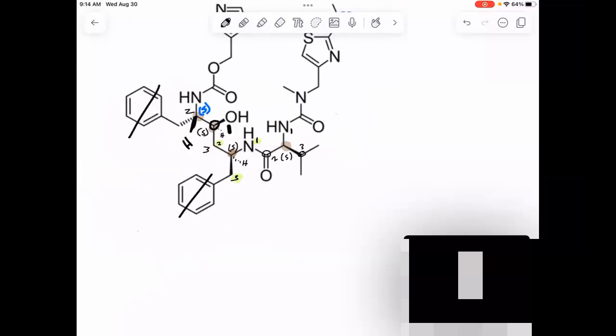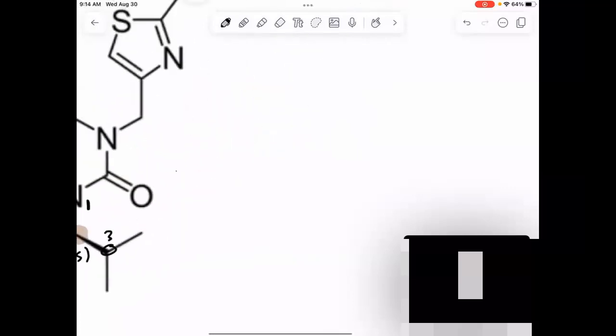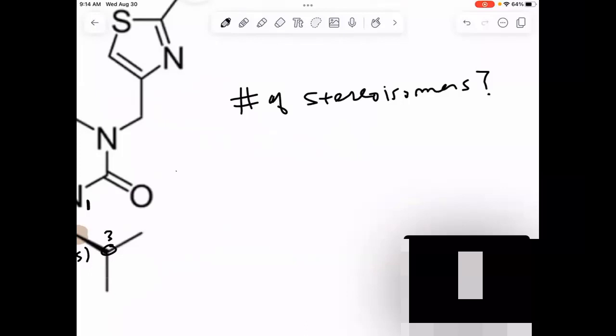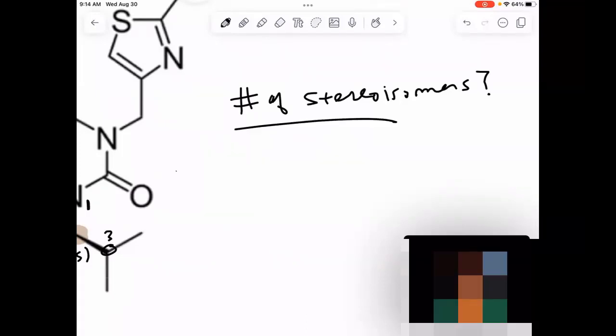Here's the question. We already talked about this: how many stereoisomers are possible? What's the formula again? It's 2 to the n.